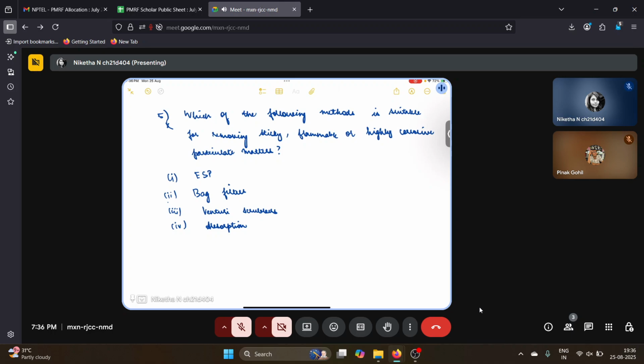Okay, so we'll go one by one. So we saw what is electrostatic precipitator. Is it suitable for removing corrosive particulate matters? ESPs can only work for non-sticky particulates. I think that cannot be an answer. And what about bag filters?